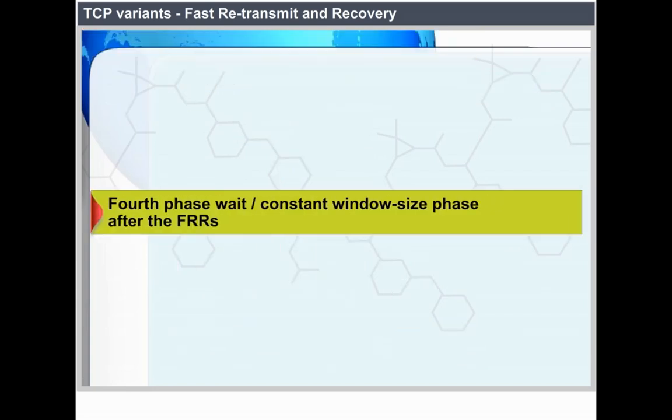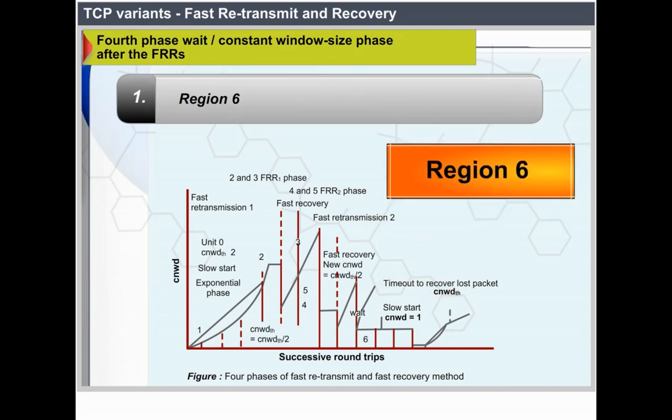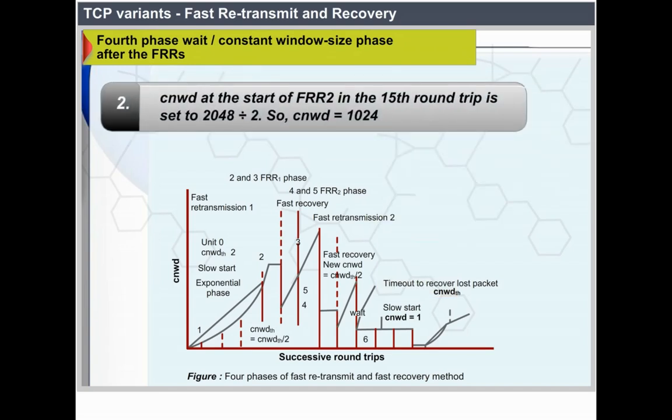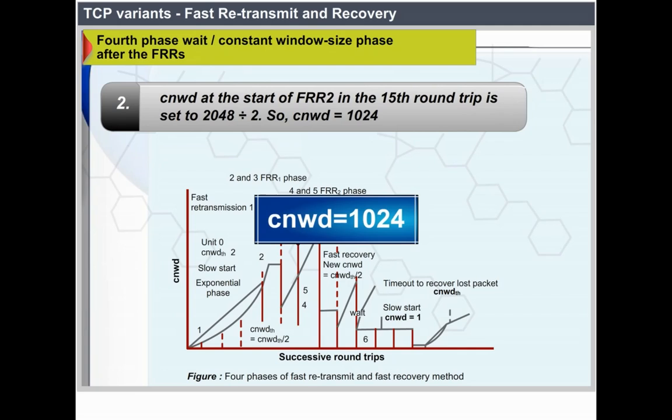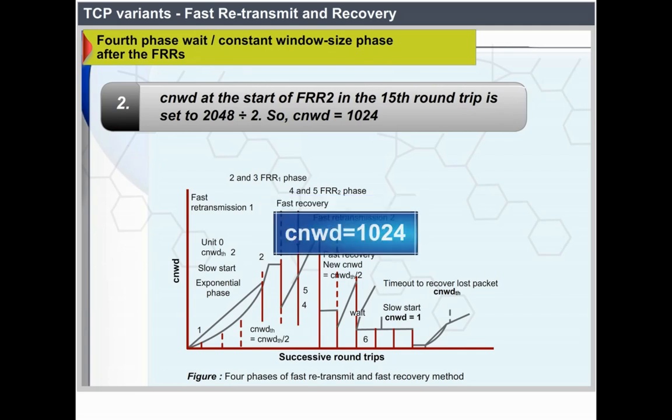Fourth phase, wait / constant window size phase after the FRRs. Region 6. CNWD at the start of FRR2 in the 15th round trip is set to 2048 divided by 2, so CNWD is equal to 1024.